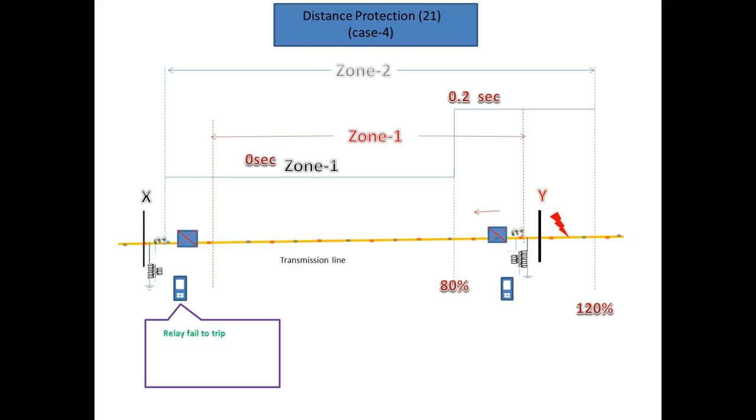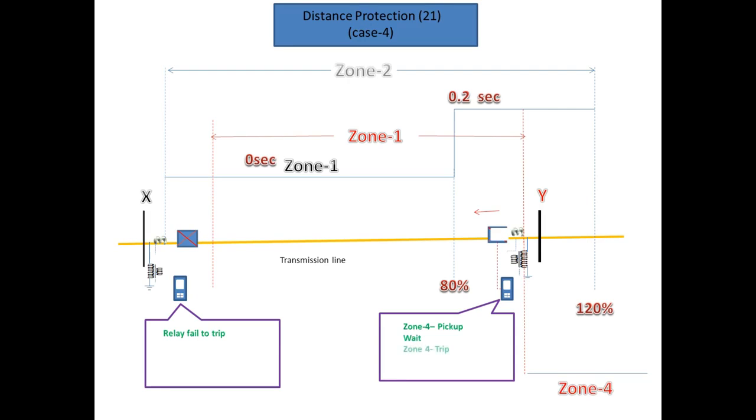Mostly zone 4 covers 25 to 50% of the transmission line. My opposite station relay gets the reverse zone, and its timing will be much higher than zone 3, because it has to wait and see until any one of the relays comes forward and takes responsibility to trip for this fault. So its timing is quite higher. If no one takes responsibility, then zone 4 is going to trip and protect the line.